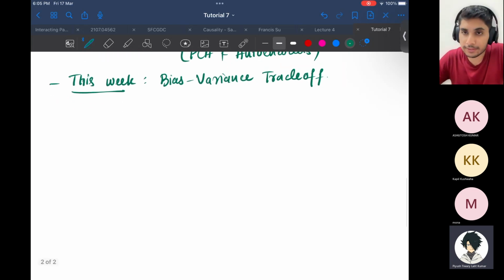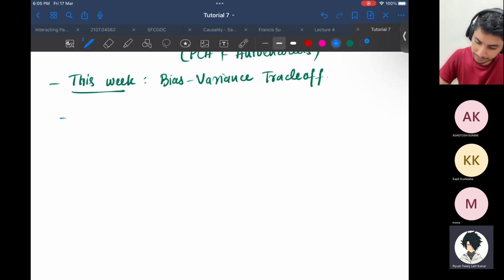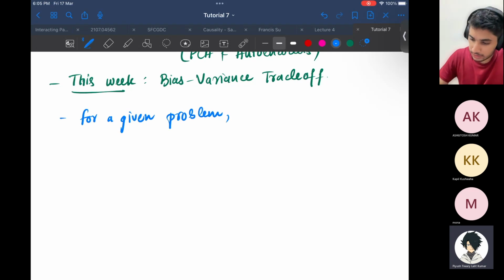The fundamental idea of the bias variance trade-off is that, for a given learning problem, the main question someone asked was, let me write it down: for a given problem, are all models equally good?